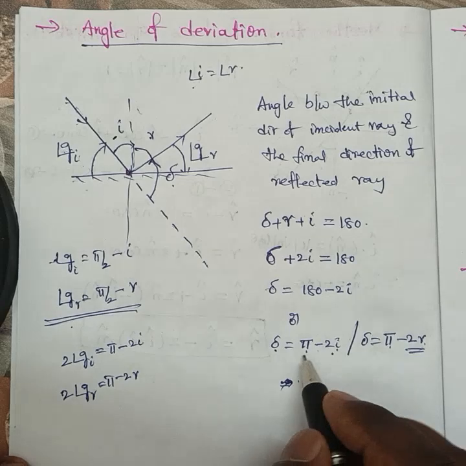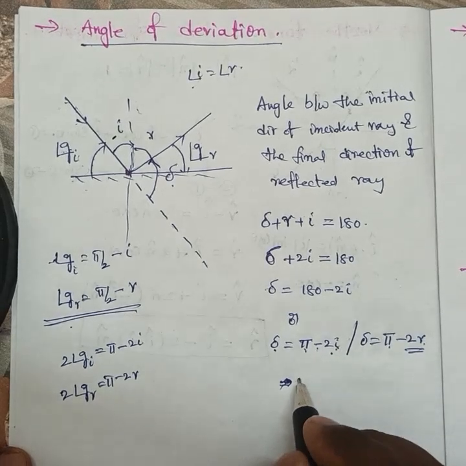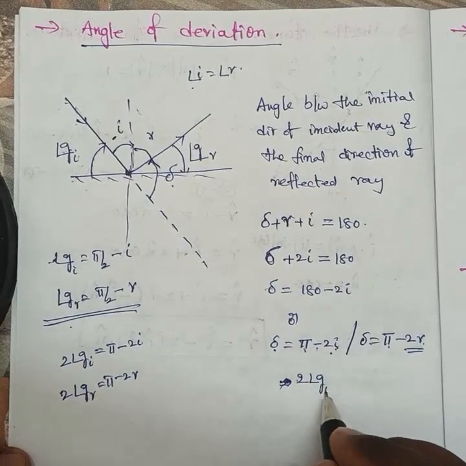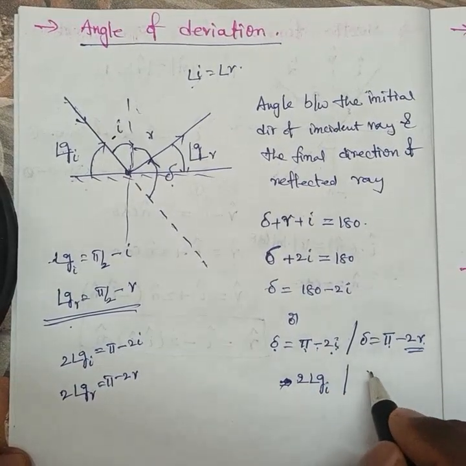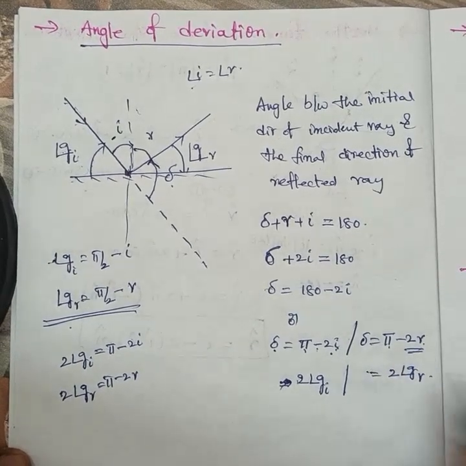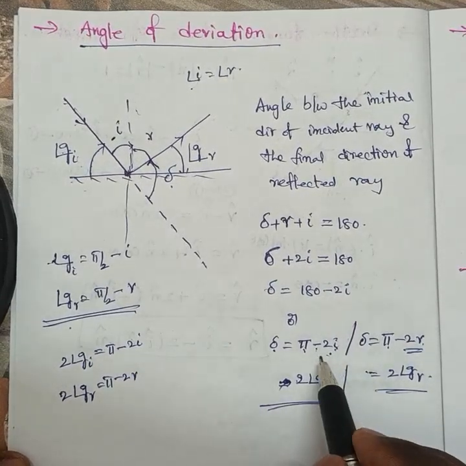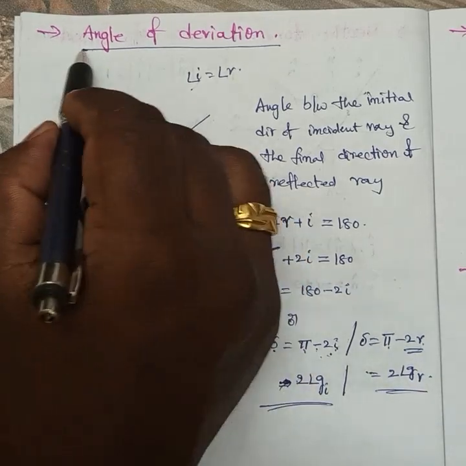So you can take directly deviation rho equal to 2 times the glancing angle of incidence, or equal to 2 times the glancing angle of reflection. Like this, in terms of glancing angles or in terms of angle of incidence, we need to represent the angle of deviation.